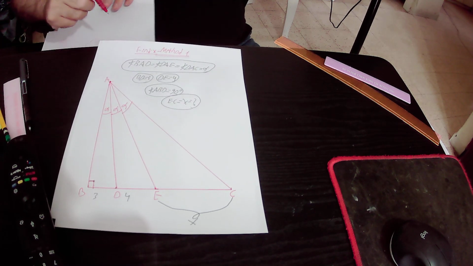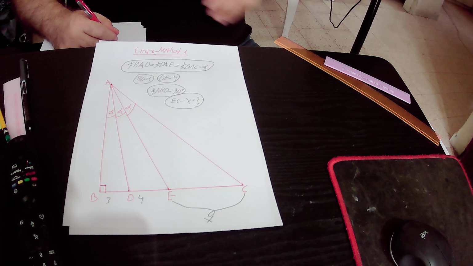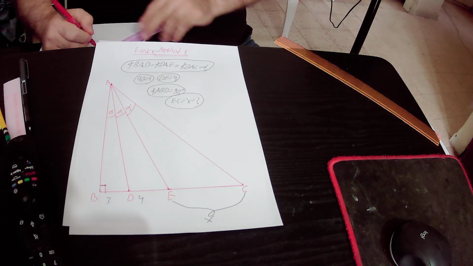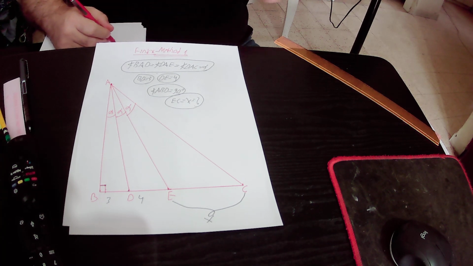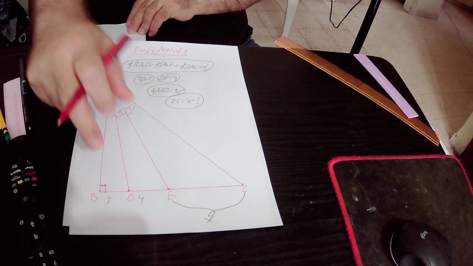So in the next step we will focus on the right triangle, triangle ABD. So in the right triangle ABD, we know that tangent alpha equals BD over AB.